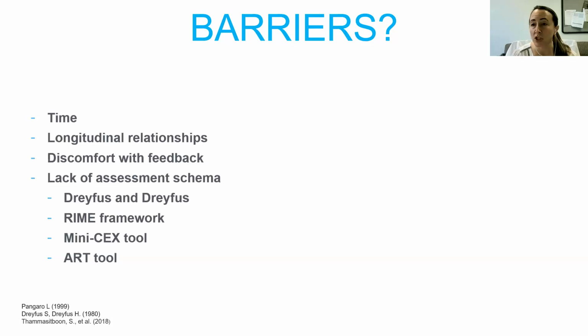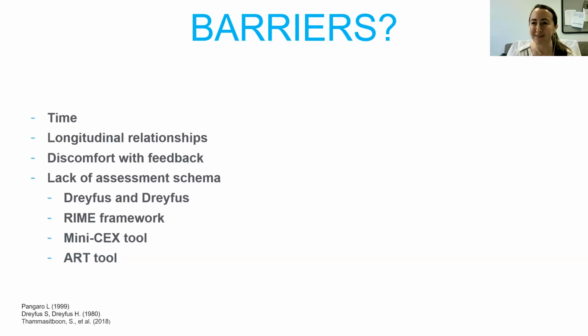The longitudinal relationships, again, are so truncated these days in our division. Some of us only round or rotate on the floors for 1 week at a time, right? So how are we supposed to build those relationships to create a confidence where the feedback helps or is even listened to? And then it's uncomfortable, right?